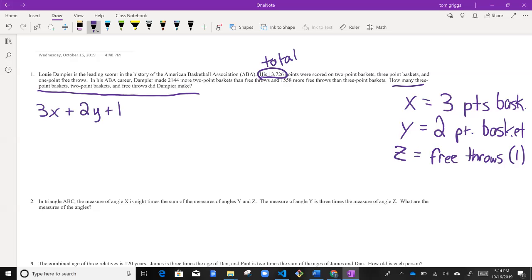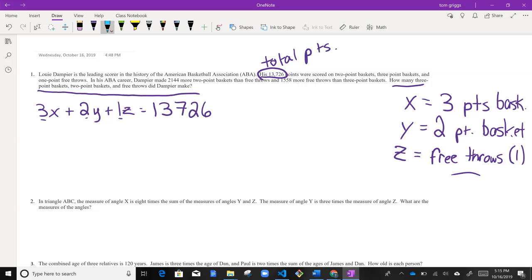And then plus 1 times Z, because every Z is a free throw and it's worth 1 point. And when we total those baskets after we multiply them by their point values here, it should equal 13,726. Notice we only use those multipliers in this first equation because we're talking about total points and not total baskets here in this first equation.